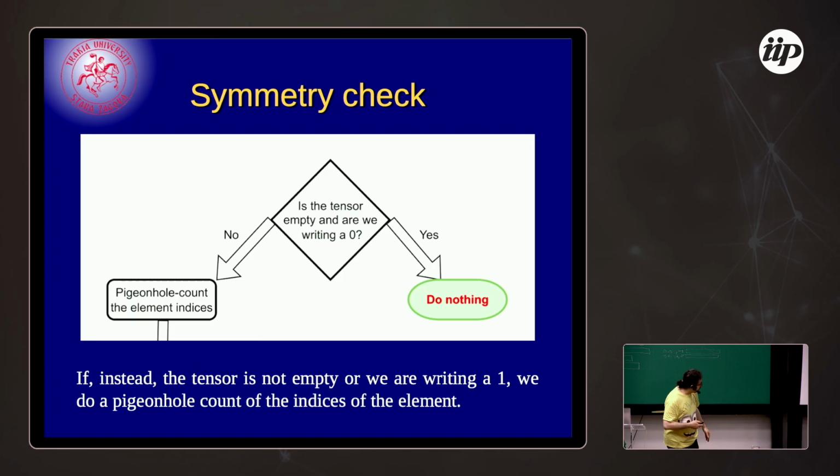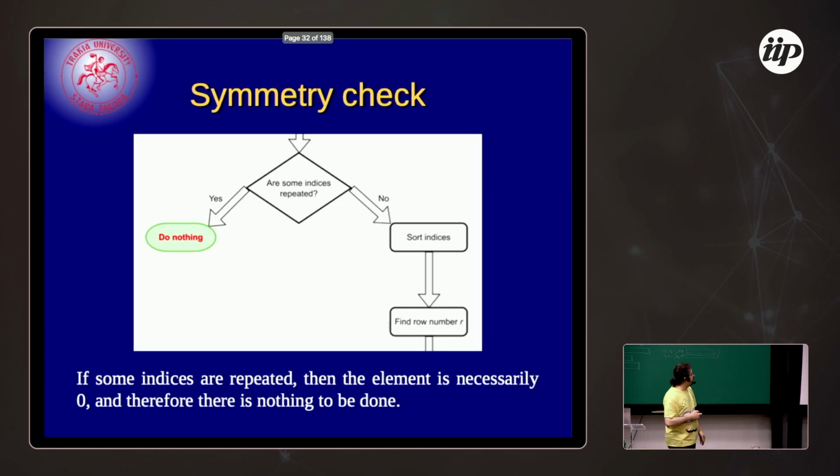If the element is on a hyperdiagonal, then it's necessarily 0, just the same as before with the cube, the hypercube, the matrix, etc. If some indices are repeated, you are on the hyperdiagonal, so don't do anything, because the element is necessarily 0. So just truncate the whole thing and end there.